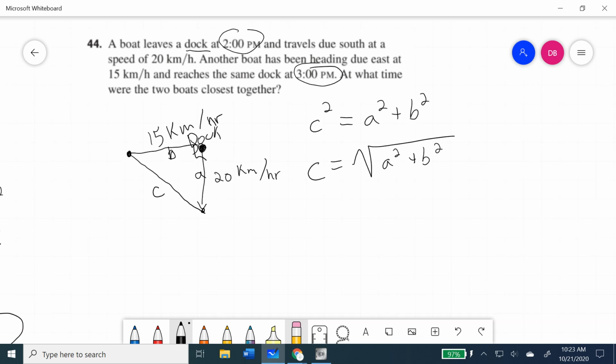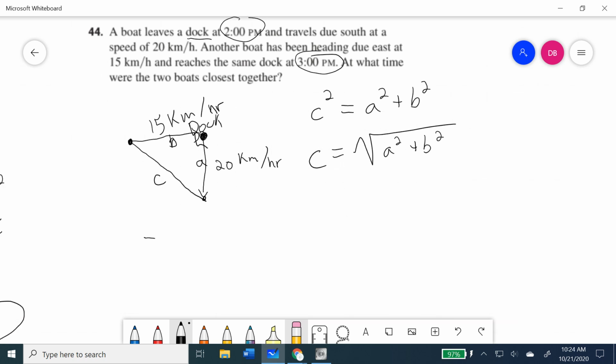And I need to draw another picture because I have too much there. So 15 kilometers. And then that distance is shrinking at a particular rate. I am losing a distance of 15 kilometers per hour.